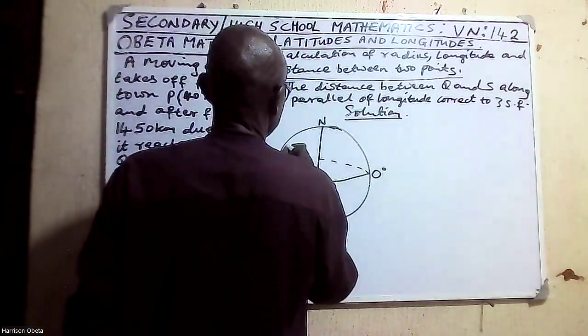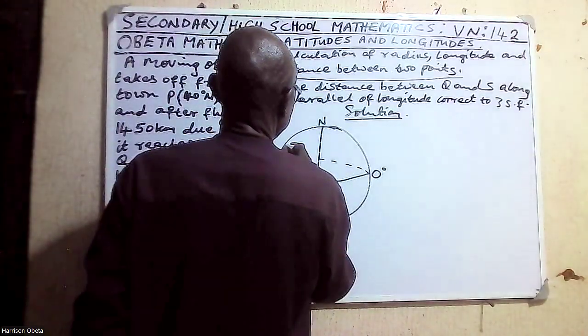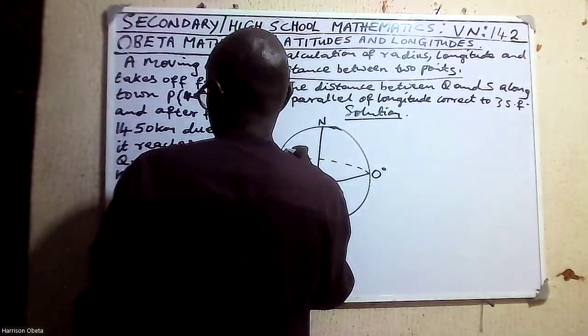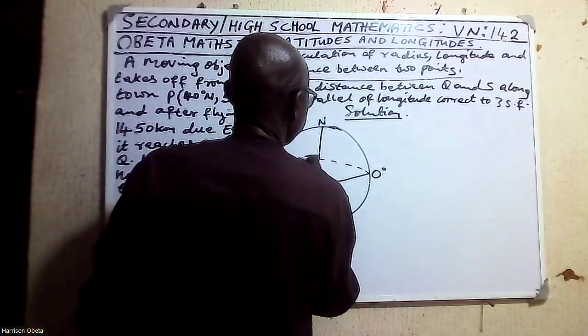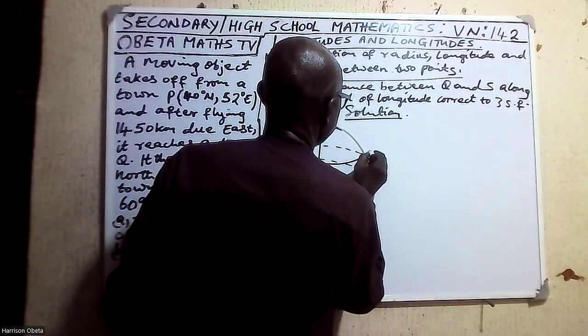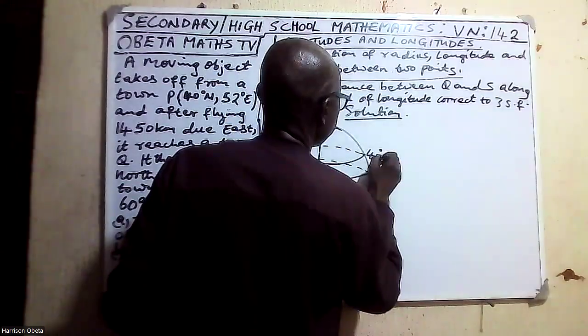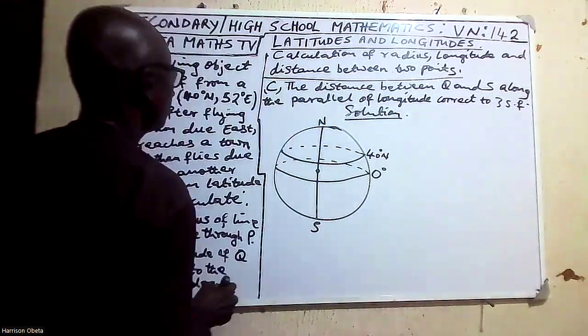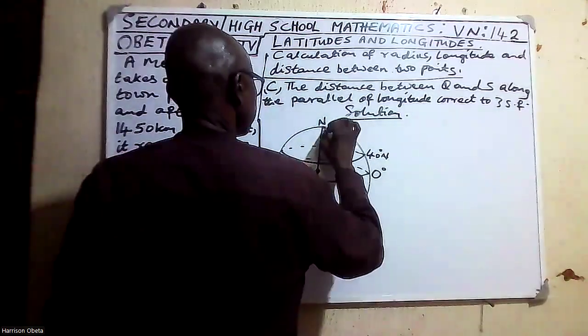Let's take this to be 40 degrees north, and then 52 degrees east.